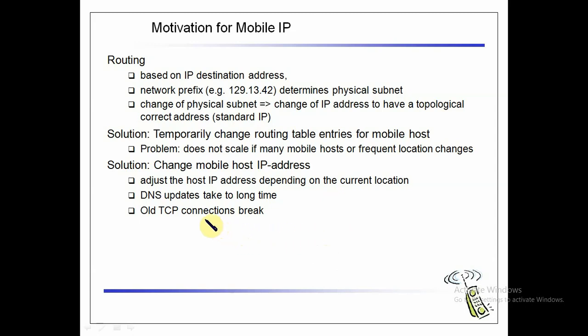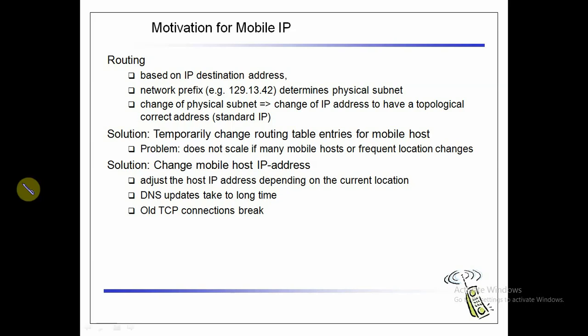Another one: old TCP connections. This has some problems. Changing the IP address while still having TCP connections breaks the connection. A TCP connection is identified by the source IP address, source port, destination IP address and destination port.